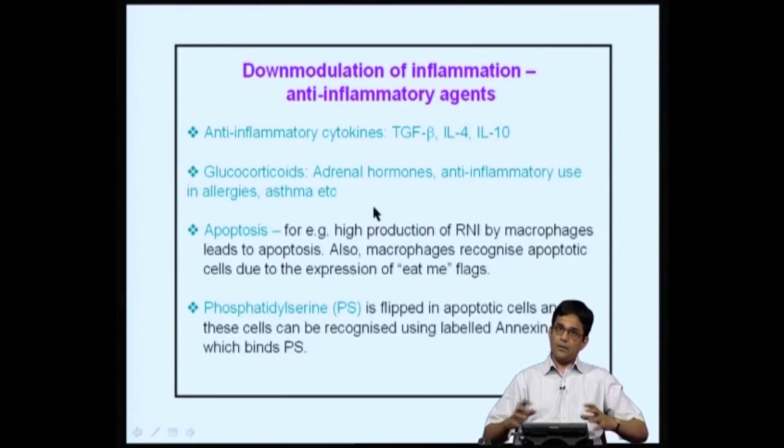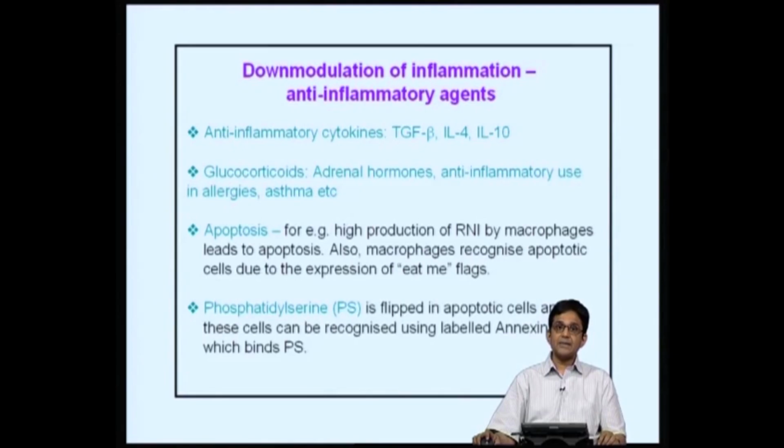The other way, once you have debris, they need to be cleared off, is apoptosis, and so macrophages are often responsible for recognizing apoptotic cells because of the expression of eat me flags. So, these cells that are undergoing apoptosis, they express certain cell surface receptors. These are recognized, and then they are phagocytosed by macrophages.